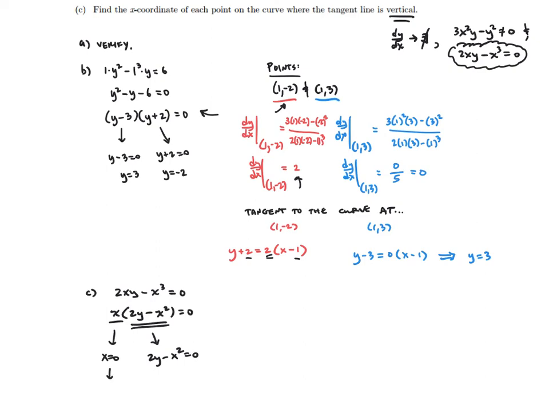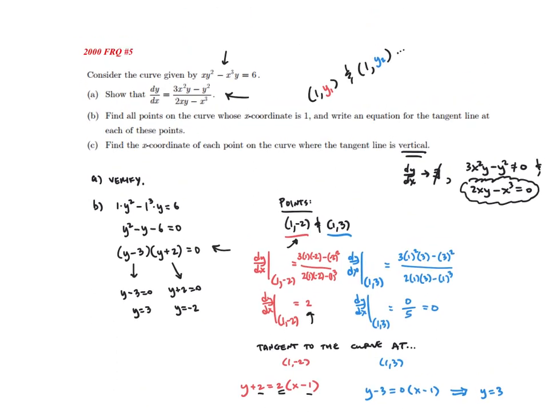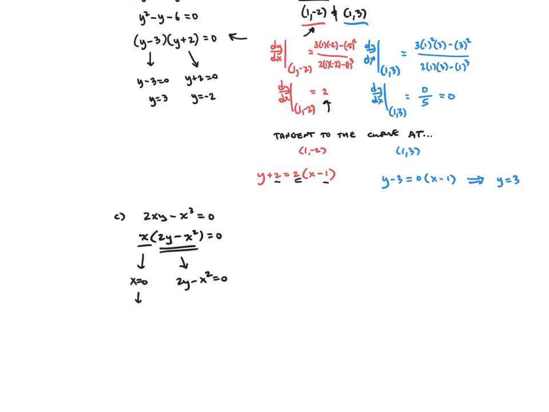Now, if x equals 0, let's see what happens. Let's go back up to the original equation and plug in a 0 for x. I get 0 times y squared minus 0 cubed times y is equal to 6. Now that would mean that 0 equals 6. Is that ever true? That is never true. Therefore, x equals 0 is not a solution.